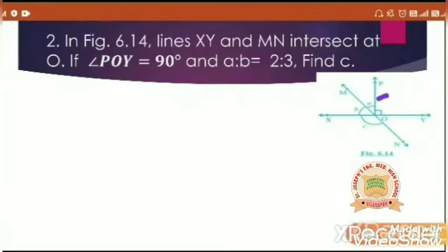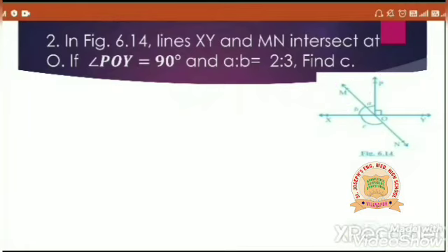They have also given the ratio of angle A and angle B. Angle A is to B is equal to 2 is to 3. We need to find this angle C.